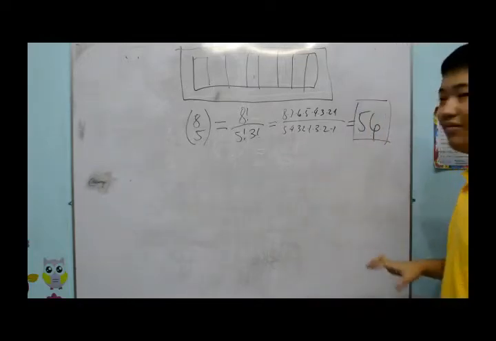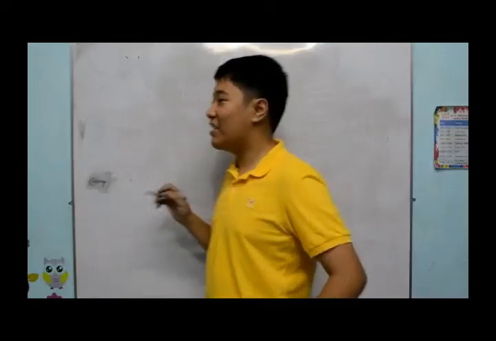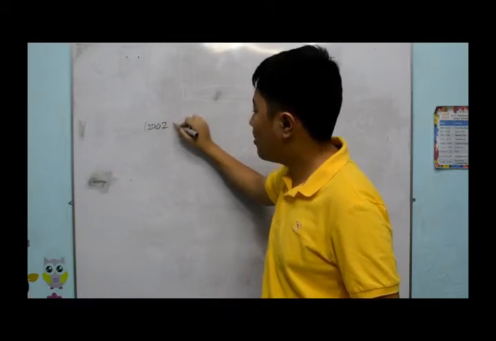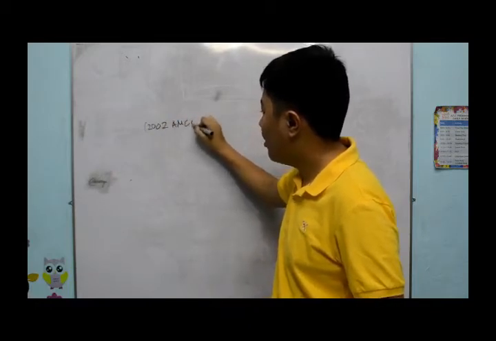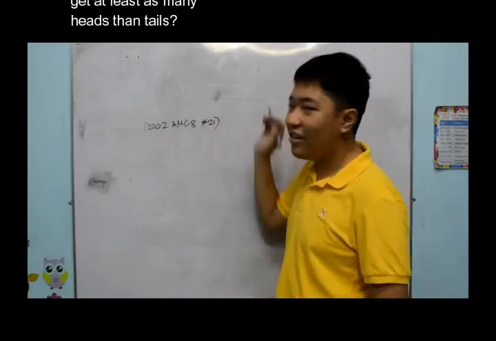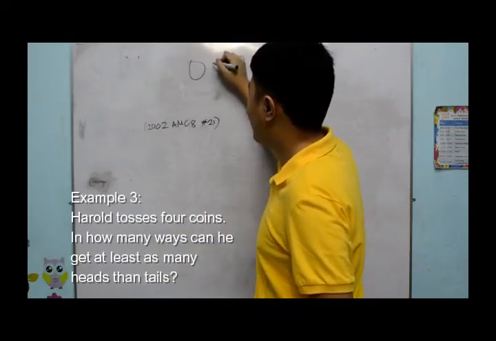Wow. Let's have our last question, and this question actually has a source. It's from the 2002 AMC 8, problem 21. Harold tosses 4 coins.